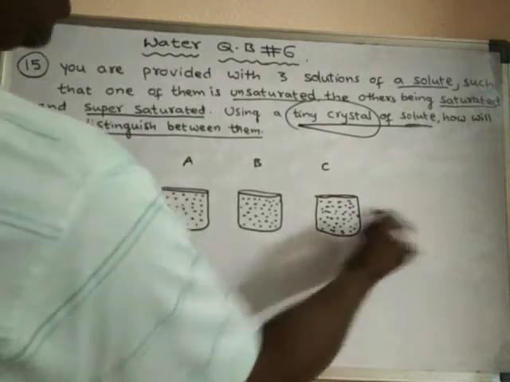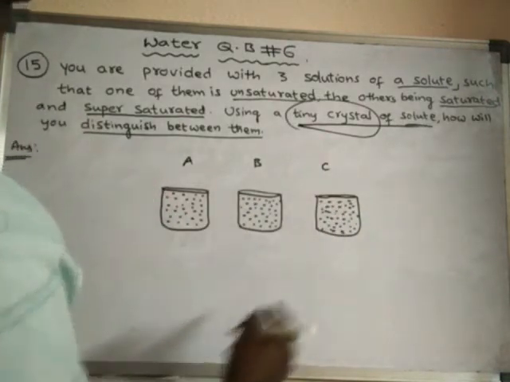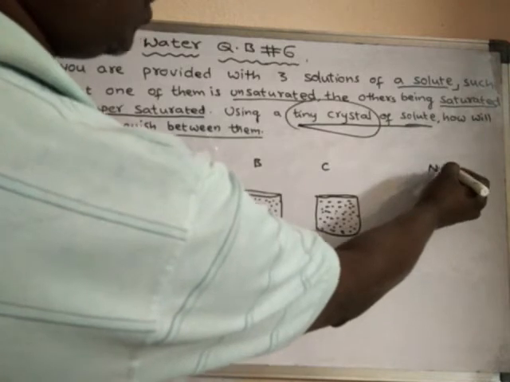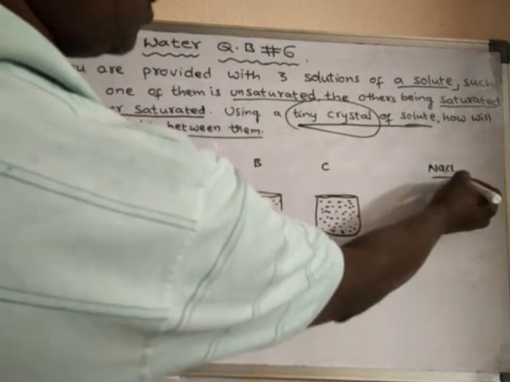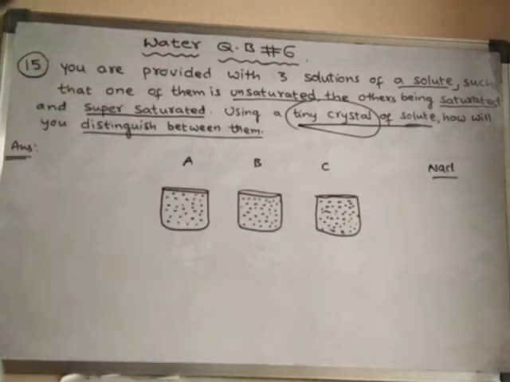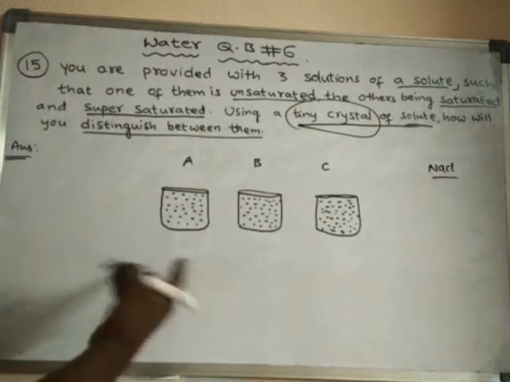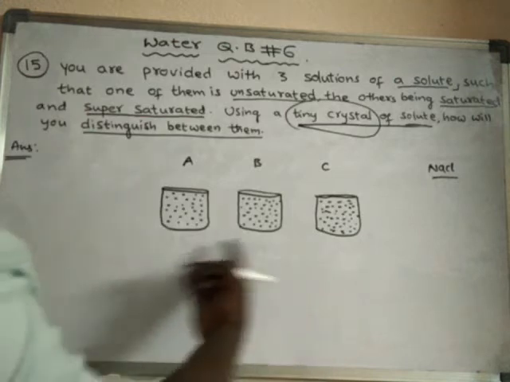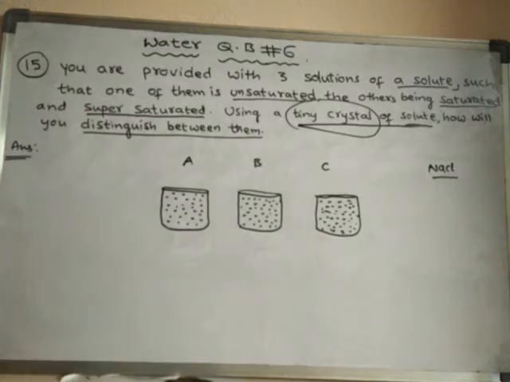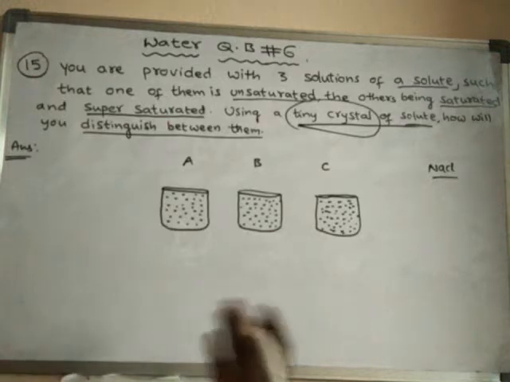Suppose these three solutions are made up of sodium chloride. Let us think that these three are sodium chloride solutions. One is unsaturated, but we don't know which one, and the other two are saturated and supersaturated.